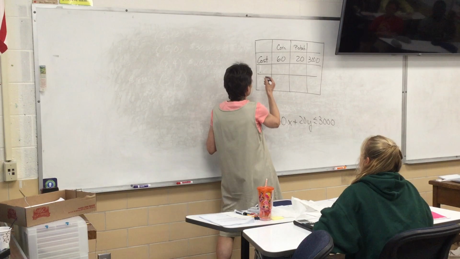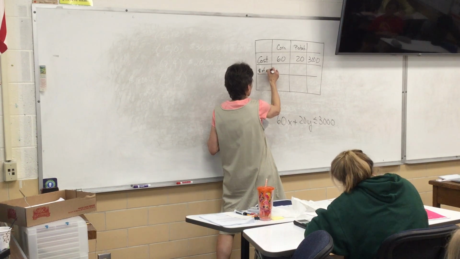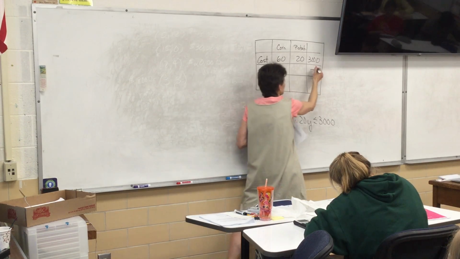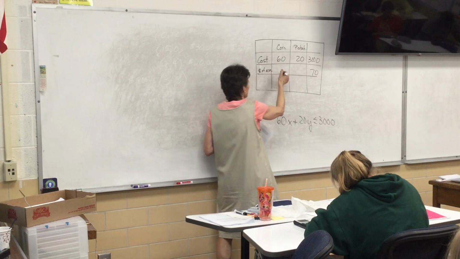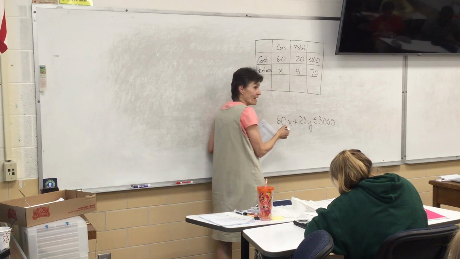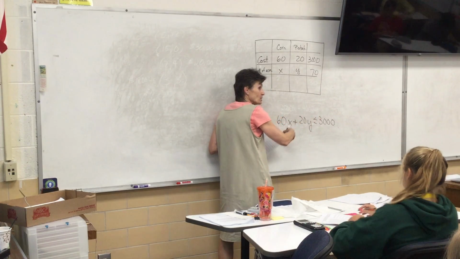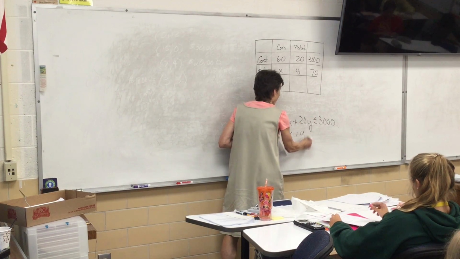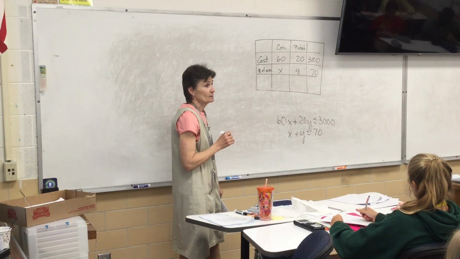Okay, so the number of acres, I know I got 70, and I don't know how many they are, but I called them X and Y. So X plus Y has to be less than or equal to 70.